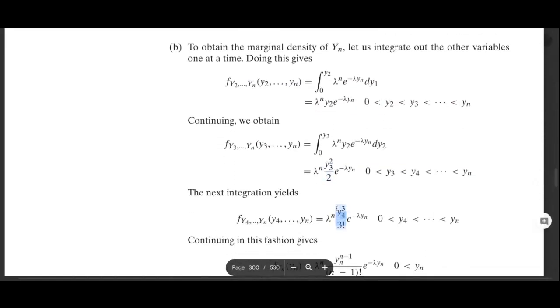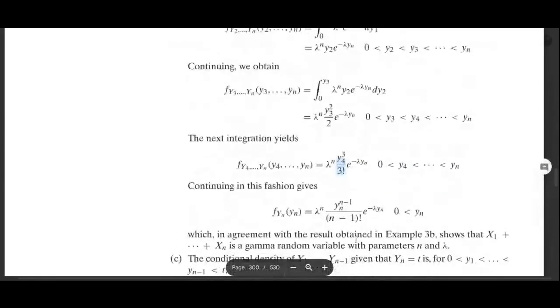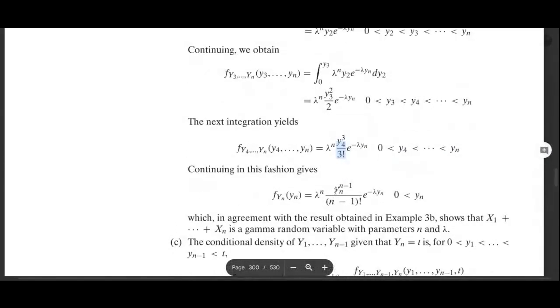We have this. The variable raised to the 3 for the, so this is number third. y raised to the square divided by 2. Number fourth raised to 3 divided by 3 factorial. So we can make a general case.